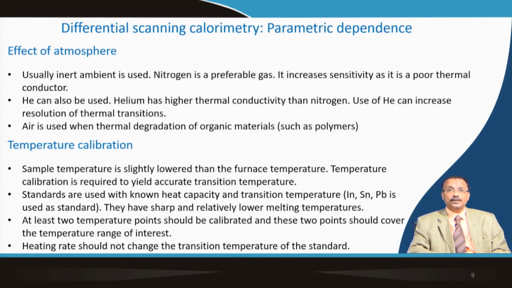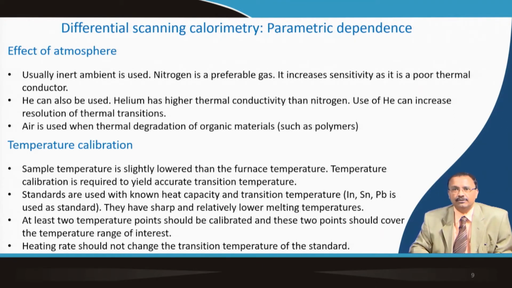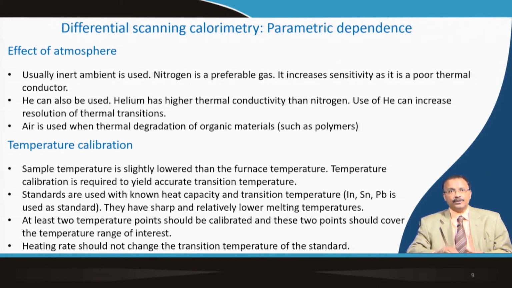Temperature calibration is required. Sample temperature, as you can understand, is slightly lower than the furnace temperature. So, for accurate measurement of any transition temperature, you need to have a temperature calibration, and for this purpose standards are used, which have very well known heat capacity and transition temperature.